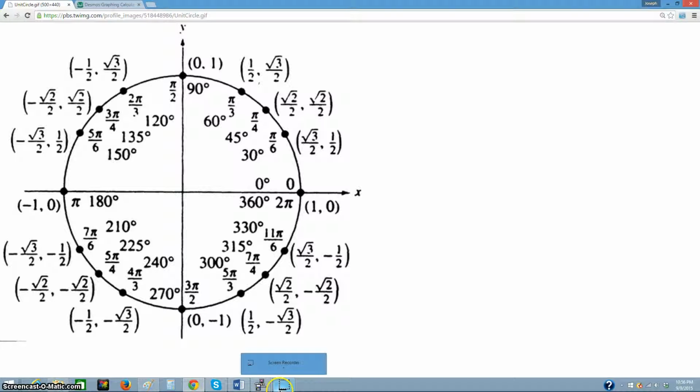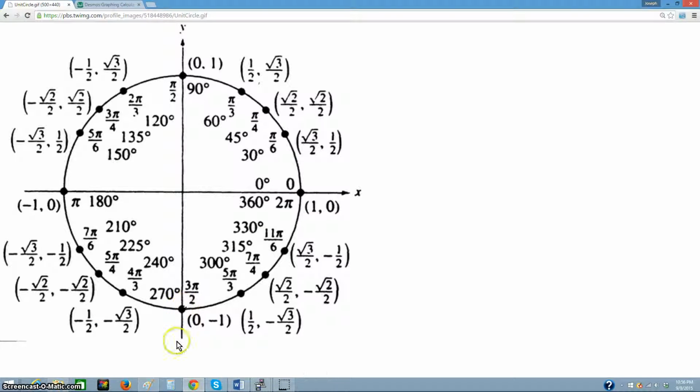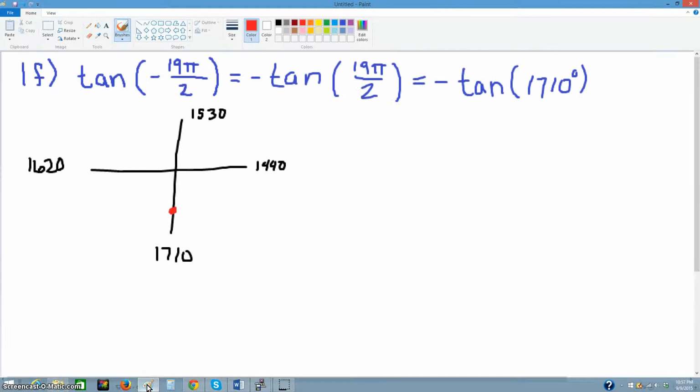What is the definition of that? When it's a multiple of 360 or 2 pi, those are coterminal angles. So 1710 is a coterminal angle to 270 degrees. You should be familiar with those types of vocabulary terms. Coterminal angles are angles that differ by multiples of 360 degrees or 2 pi.